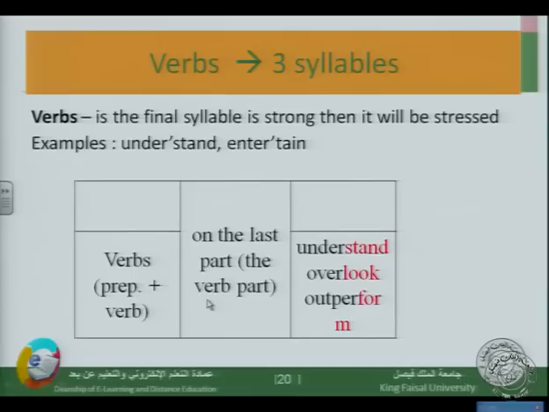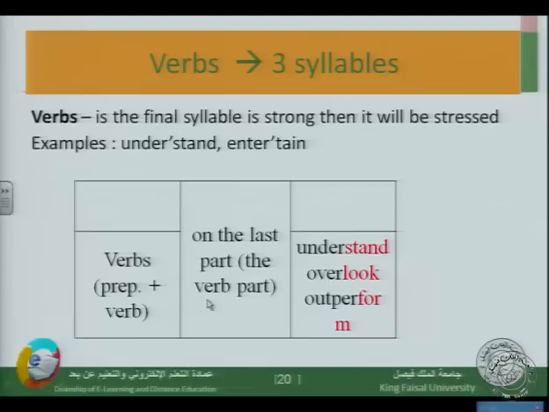For verbs with 3 syllables, if the final syllable is strong, then it will be stressed. Okay, like understand, entertain. The strong syllables usually have long vowels, maybe sometimes short vowels, but excluding the schwa. For example, look at the chart right here.